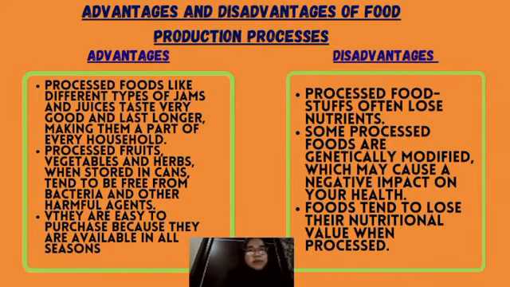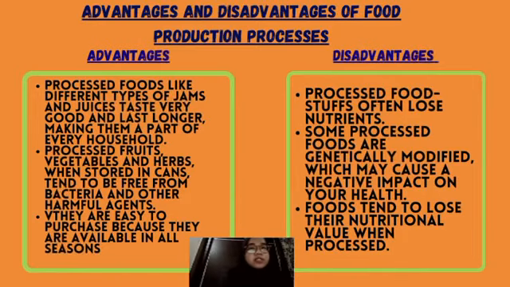Advantages: first, processed food like different types of jam and juice taste very good and last long, making them a part of every household. Second, processed fruit, vegetables, and herbs when stored in cans tend to be free from bacteria and other harmful agents.